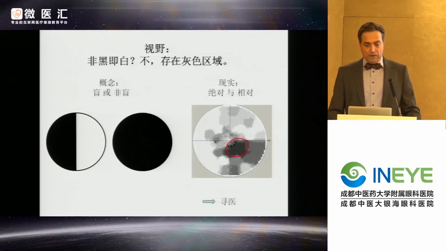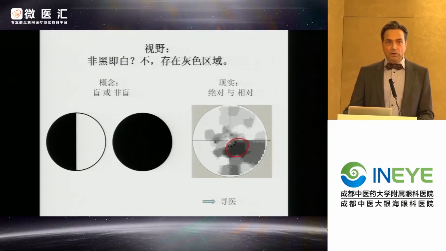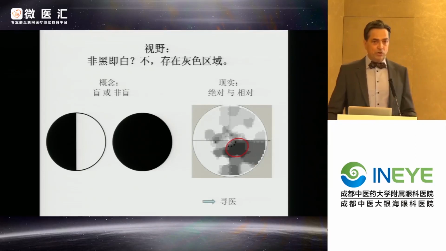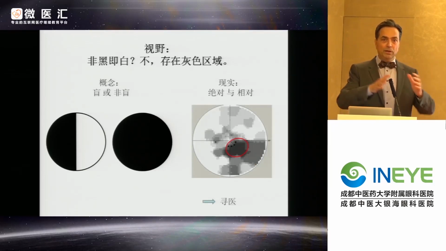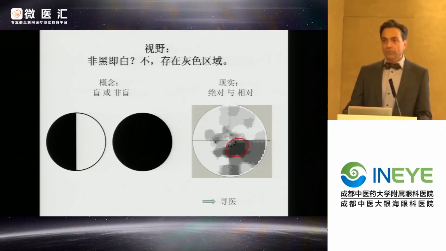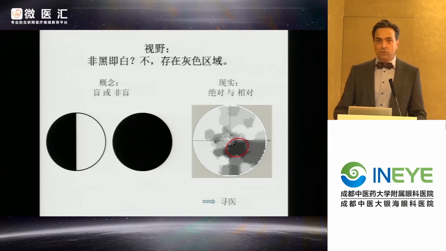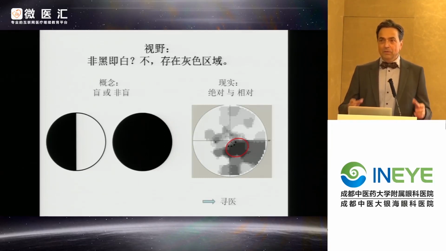So the way we look at visual fields traditionally is that we think there is an area that is normal and then there is an area that is blind. So it's a black and white view of the visual system. But in reality, we know from visual fields that there are areas which are gray.